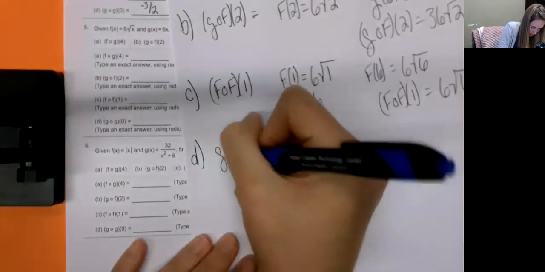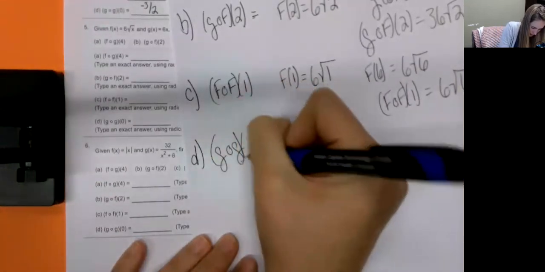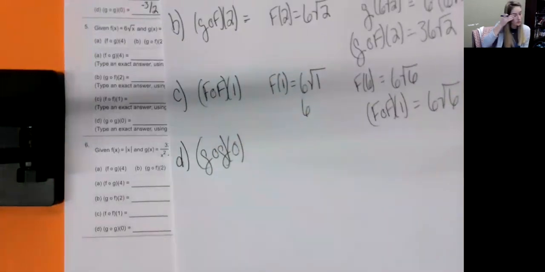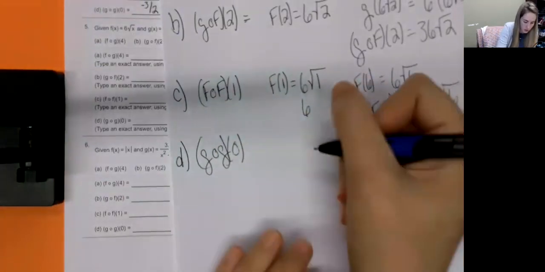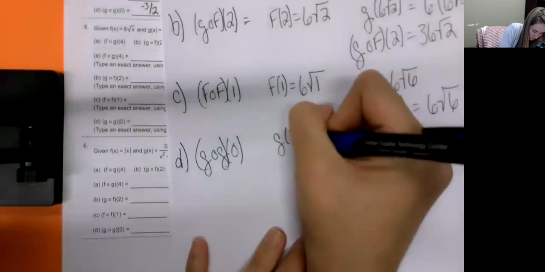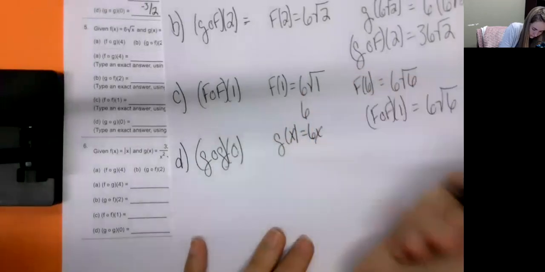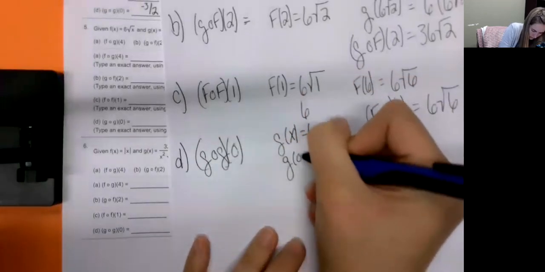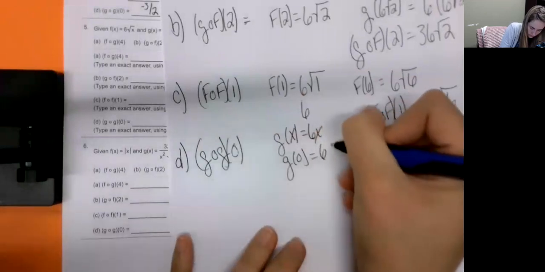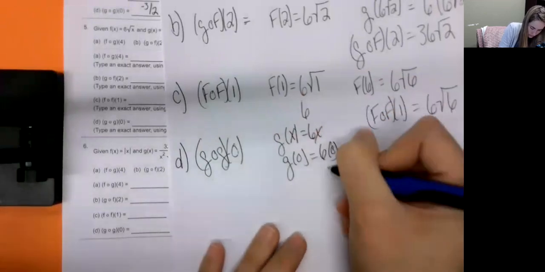D, we have g of g of 0, so we're going to substitute into the g function, which is g of x equals 6x. So g of 0 equals 6 times 0, which is 0.